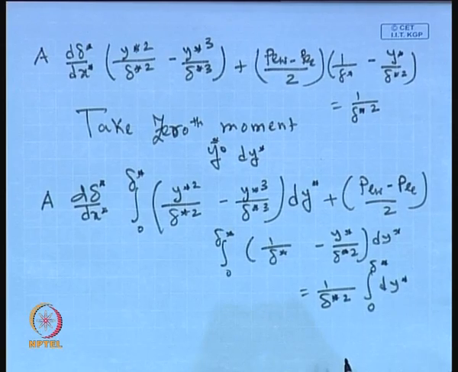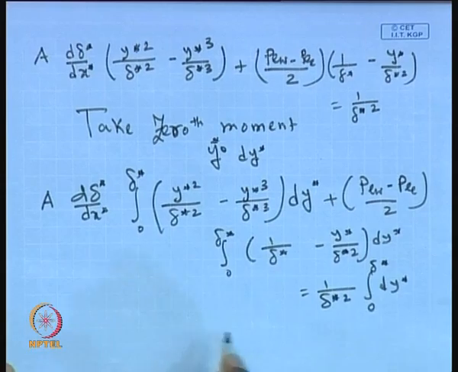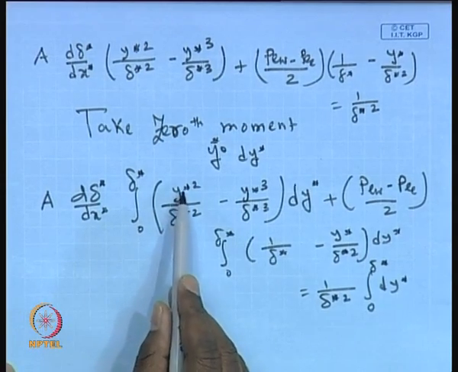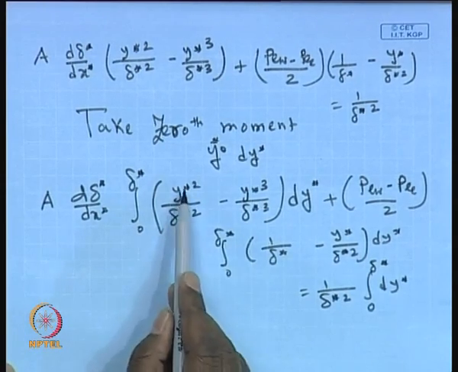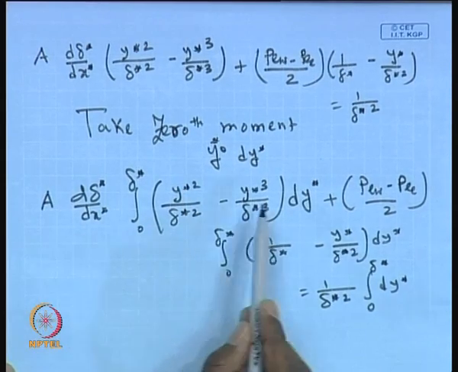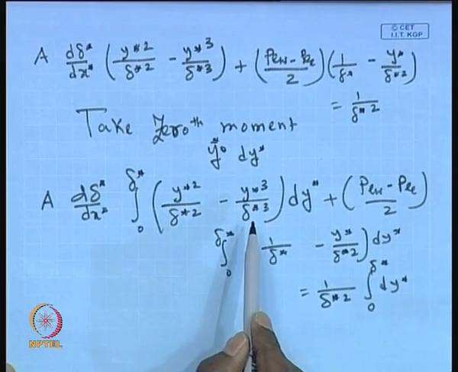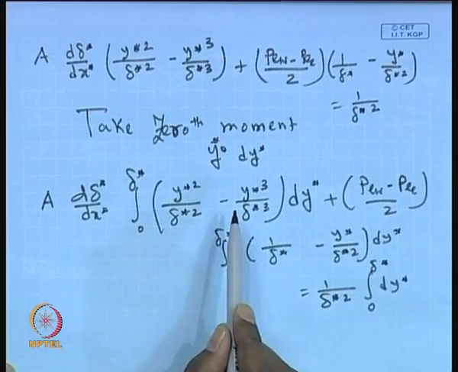So, once you carry out this integration, this becomes y star cube by 3. So, it will be delta star cube, and delta star square, it will be delta star by 3 here, and similarly you will be getting minus delta star by 4. Okay. So, whole thing becomes delta star by 12.